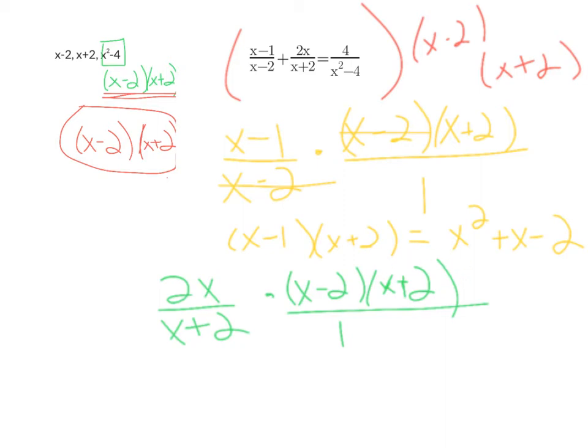I can use cross-canceling to cancel those out, and I'm left with 2 times the quantity of x minus 2 over 1, or just 2 times x minus 2. When I distribute through the 2, I get 2x minus 4. Please take a moment and pause this video and record our example thus far.